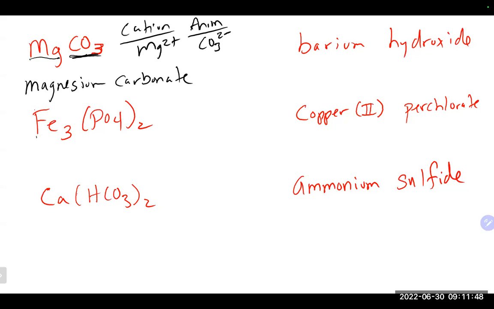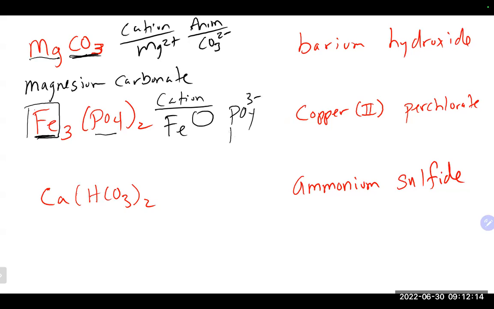Coming here, next one, we do have iron, which is a metal. We have PO4 3-, which is phosphate, a polyatomic ion. The metal is a transition metal, so our cation here is an iron that we need to figure out the charge on. We want to look at phosphate, which we know is -3, and that means we have 2 of them.